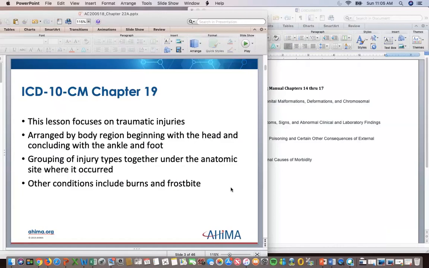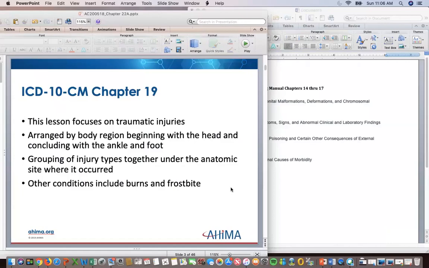So again, these are your injury, poisoning, and other consequences of external causes of injury to the person. Once you code from your main category and get all your diagnoses down, then you're going to want to tell them what happened, where the exact injury was, traumatic amputation of a finger, etc. So you have a situation where a patient comes in, maybe they've had a car accident, and you can code.